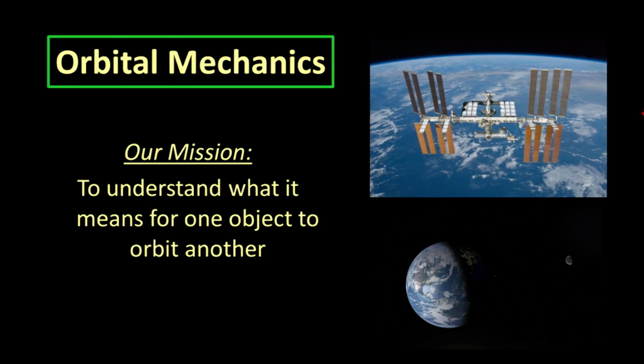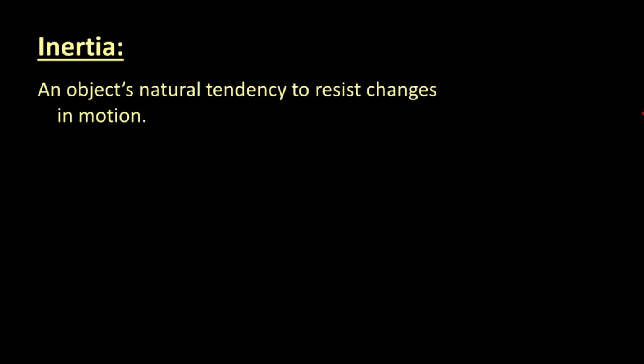Now, one of the first definitions that we're going to use links Newton's first law and second law together. It's the word inertia. The definition of inertia is an object's natural tendency to resist changes in motion. What this simply means is that an object will continue doing what it's already doing.